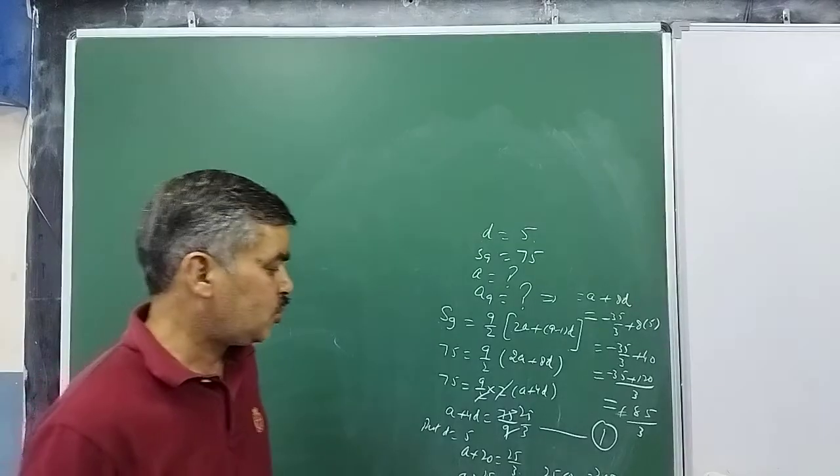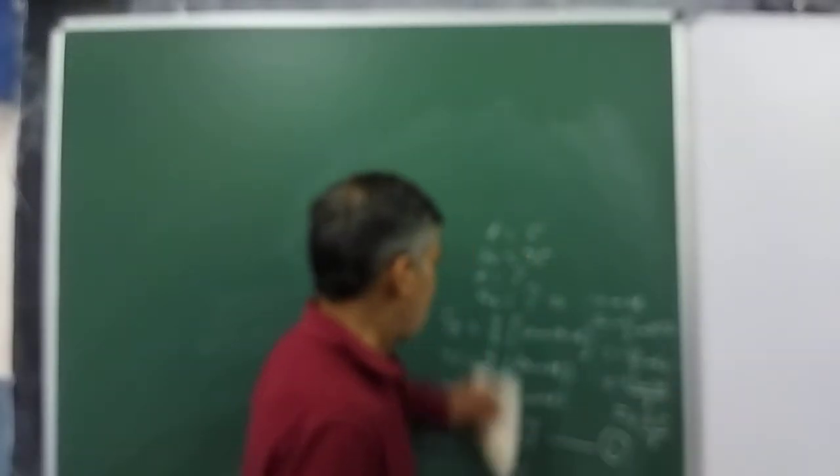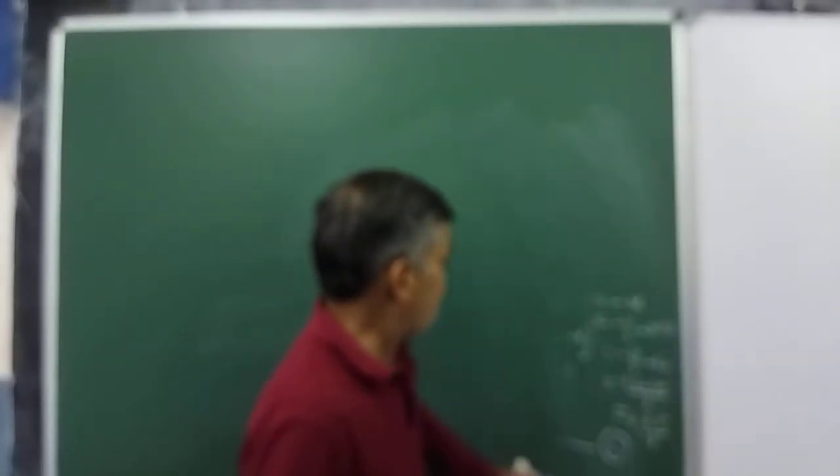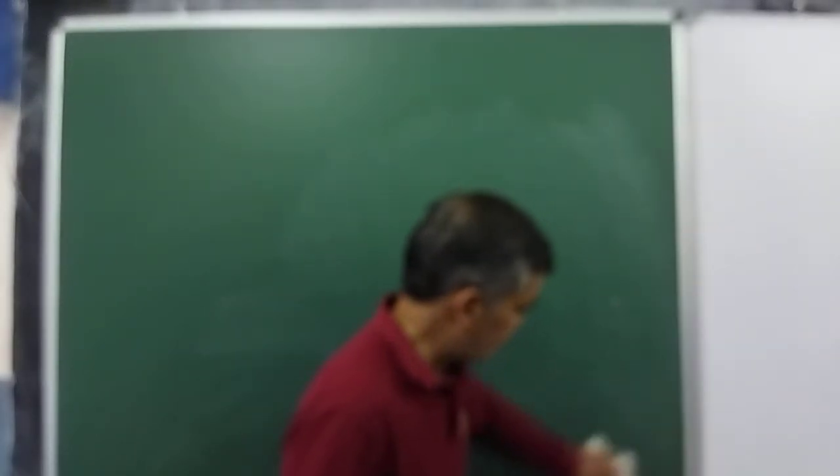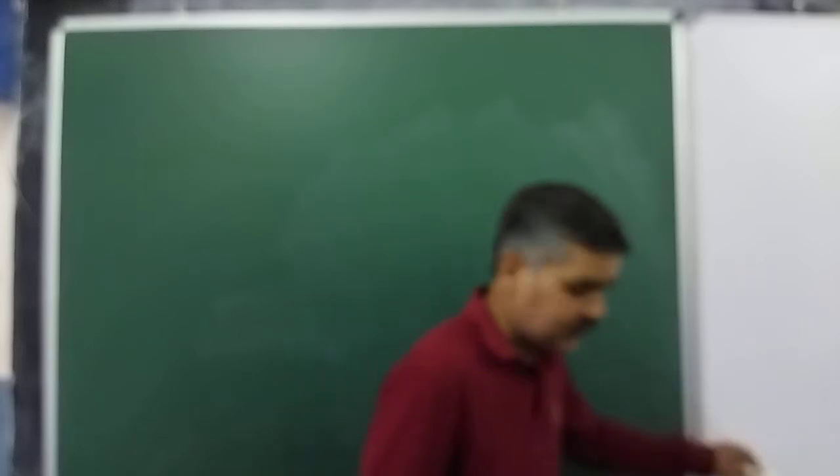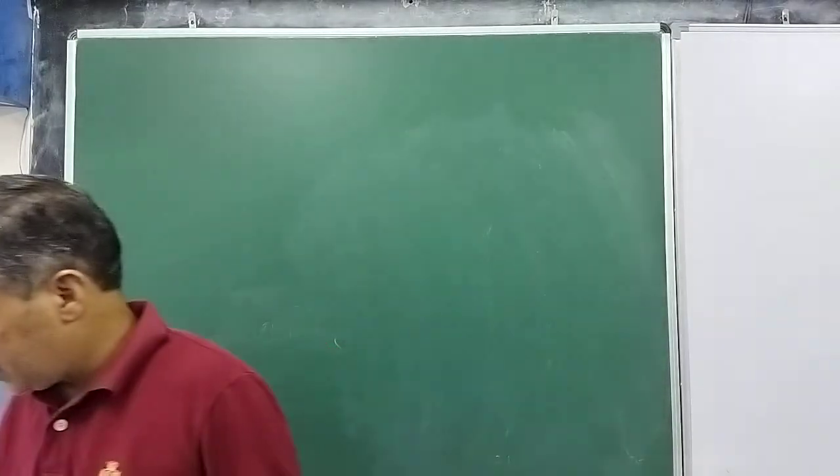Now sixth is, given A is equal to 2. A is given in sixth part, D is also given. Here it is, A is equal to 2, D is equal to 8, Sn is 90. You need to calculate N and AN.